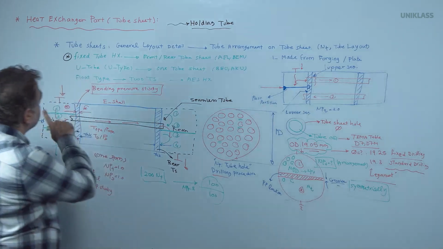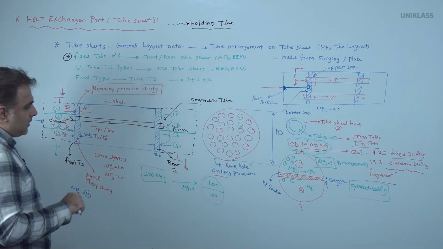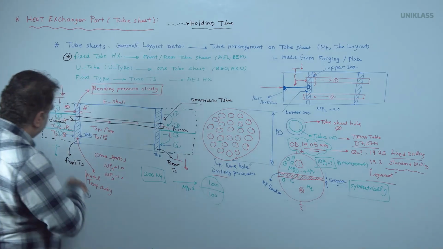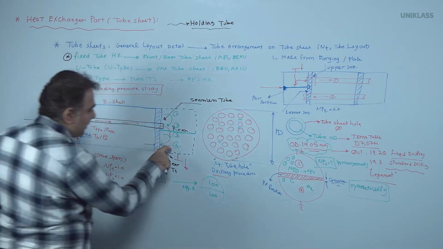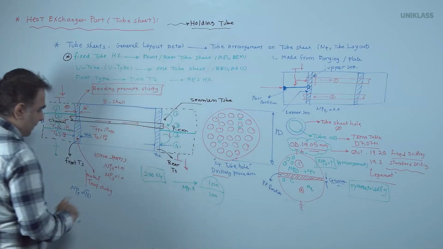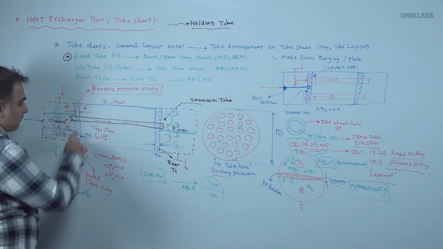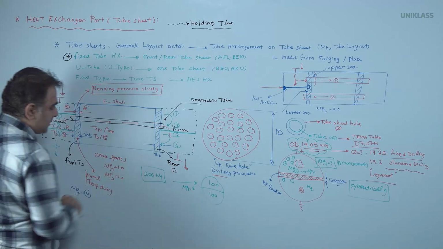Therefore, when we are talking about the fixed tube sheet as a holding tube plate, we need to know what the path partition available in the channel is and what the path partition available on the shell side is, in the rear channel and front channel. Detail of the two tube sheets is different, but the thickness and material are the same.